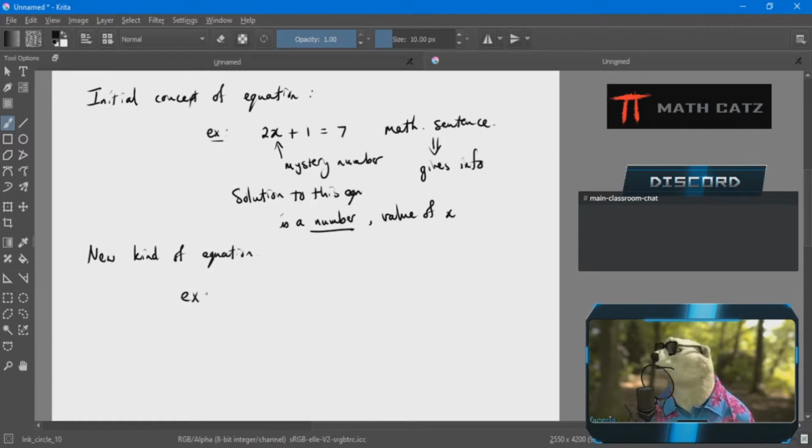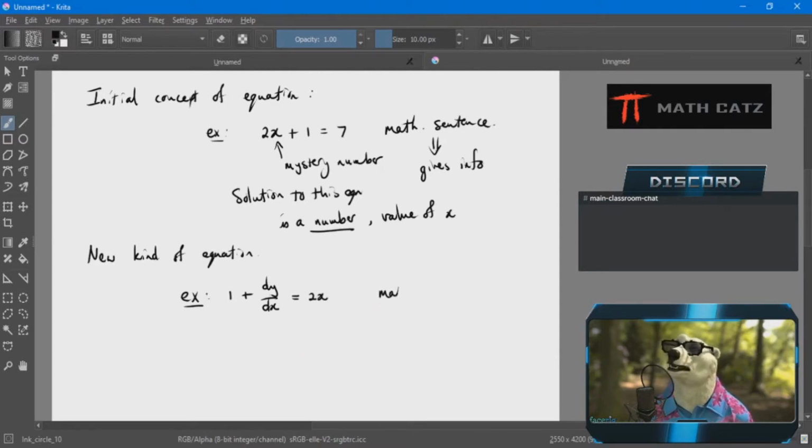And I'm going to give an example. I'm going to say here 1 plus the derivative of y with respect to x equals 2x.